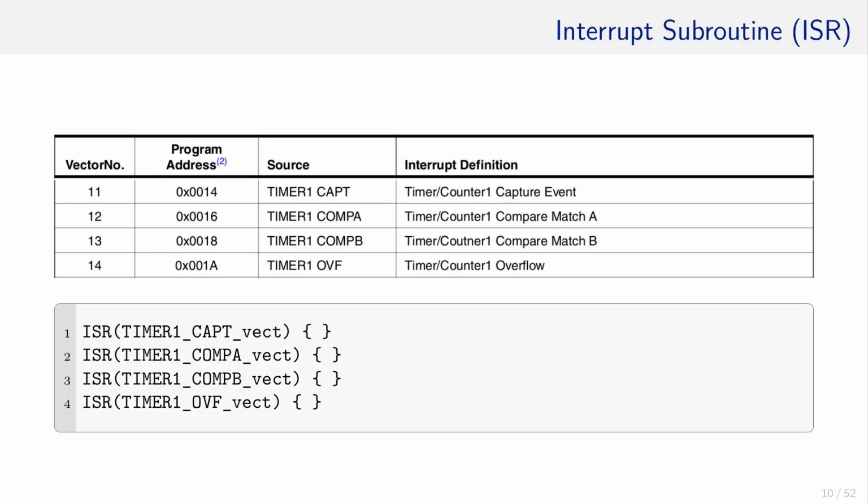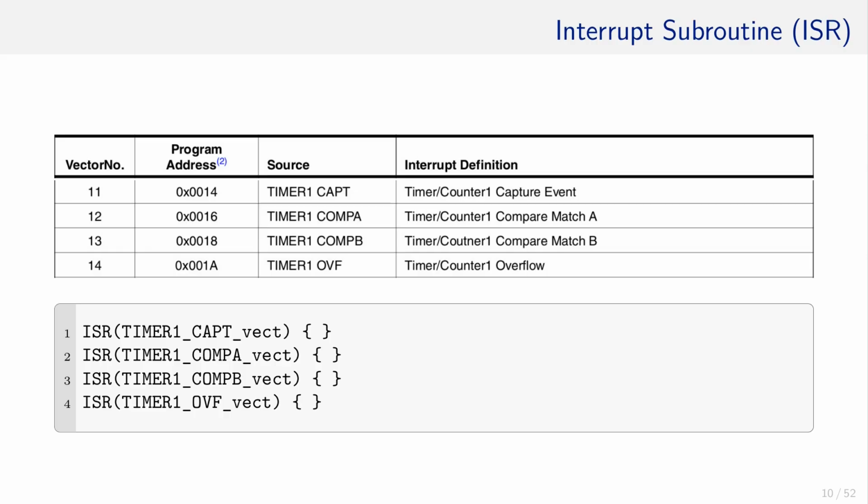And how do you know the name? In the interrupt vector table, which we are going to talk about in a bit, and which is also attached to the resources folder, all interrupts and their names are listed. As a general rule of thumb, to derive the name, take the string mentioned in the source column, replace the spaces by an underscore, and add an underscore and vect to get the name that is put into the ISR.